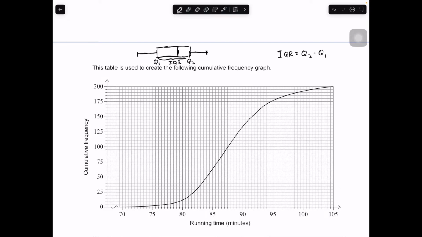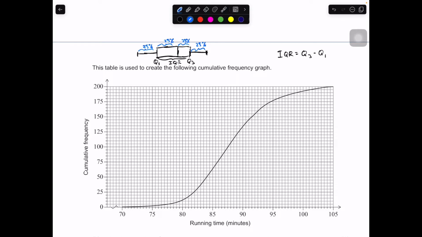So let's find Q1 and Q3, and then we'll subtract and find the distance between these 2. So remember, our box plot divides everything up into quartiles. So essentially 25% in each of these quartiles, or it divides our data set up into 4 equal quarters.